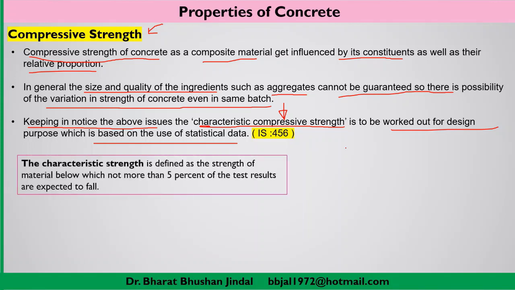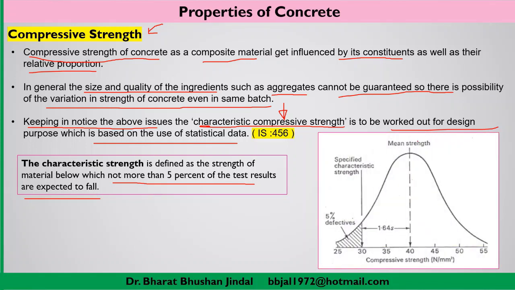Now what is characteristic strength? As per statistical tools, characteristic strength is defined as the strength of material below which not more than 5% of test results are expected to fall. Later on we will be able to understand it more effectively.